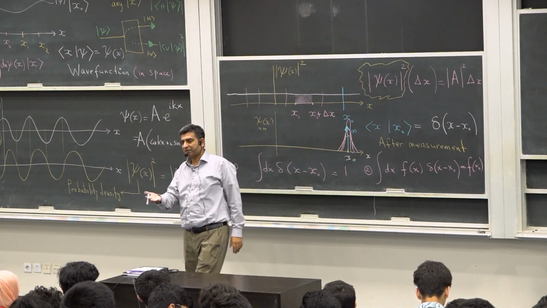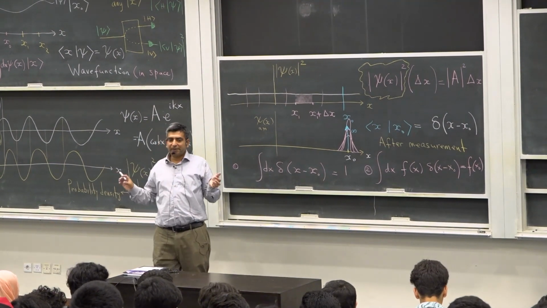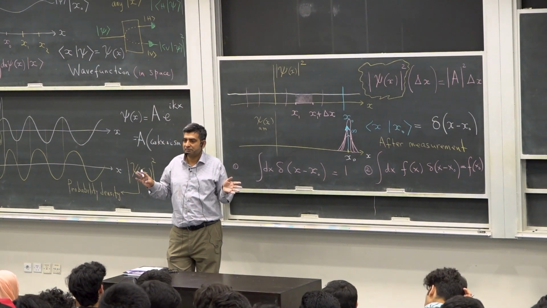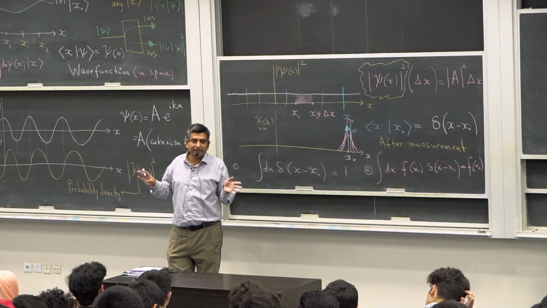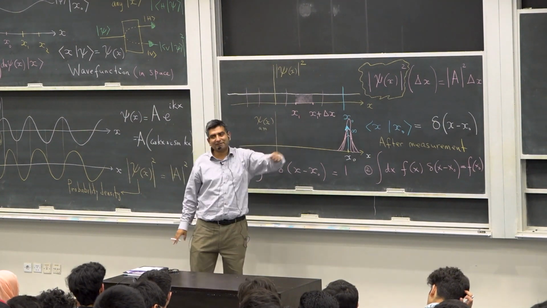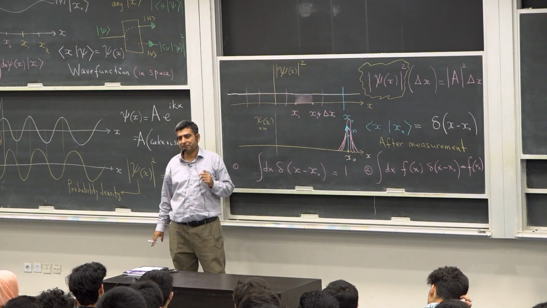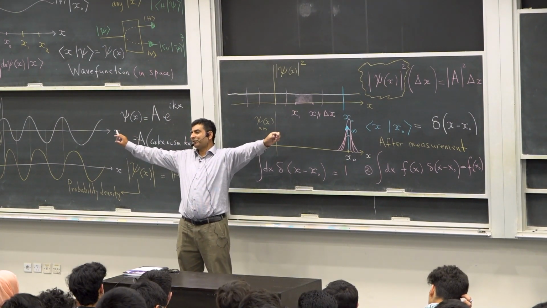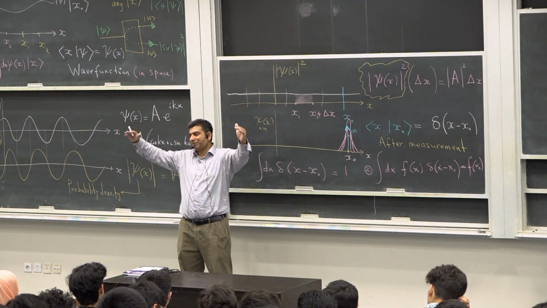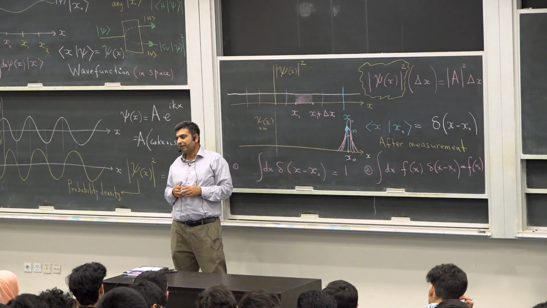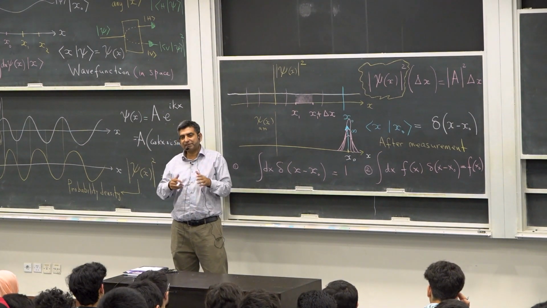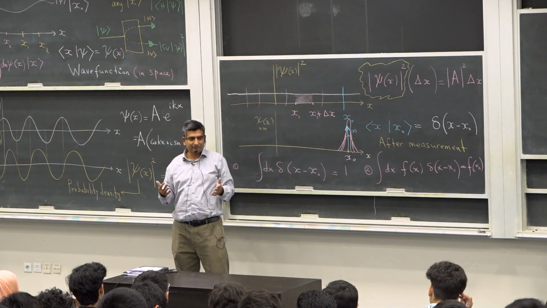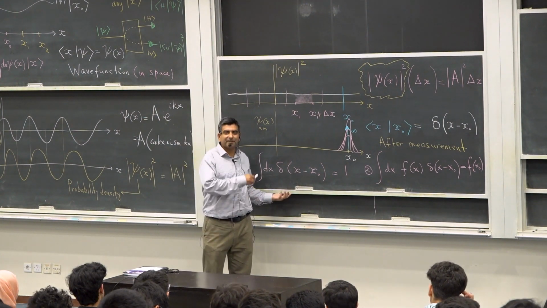It's an idealization, because the sum of the probabilities must be equal to 1. So the area under all of this curve must be equal to 1. Now how can you have an infinitely long thing and an A which is non-zero and still have the area under the curve equal to 1? You can't have that. So this is just an idealization. Anyway, the idealization is useful.